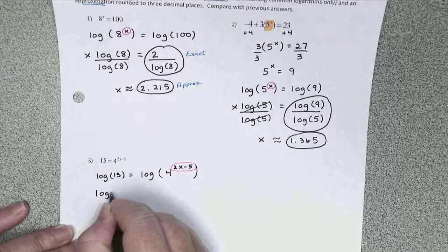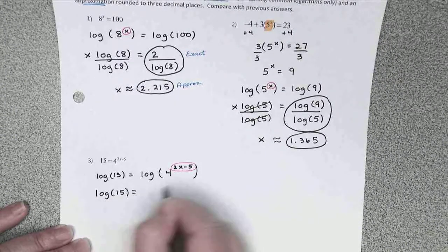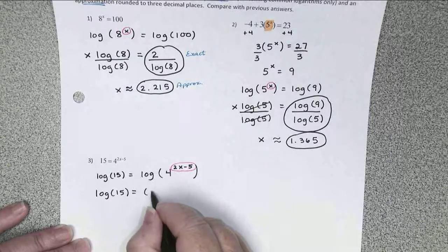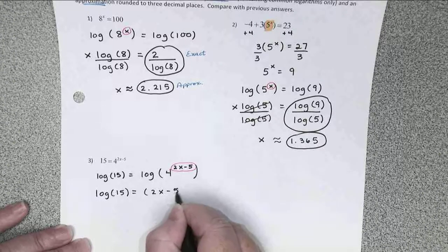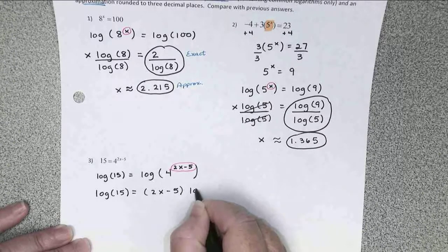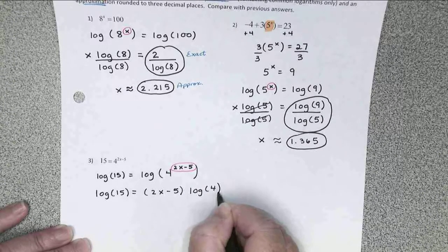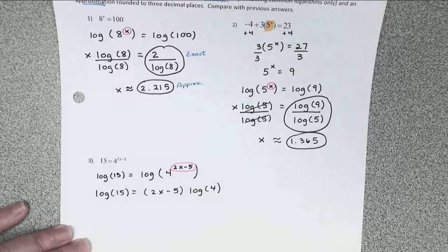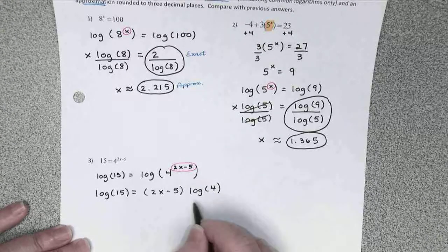So I'll have the log of 15, and then I'm going to be very careful here. The entire 2x minus 5 is multiplying the log of 4. So notice that I put it in parentheses when I brought that down as the multiplier. All right, my goal is to get x by itself, so a little bit more work to unravel this one.